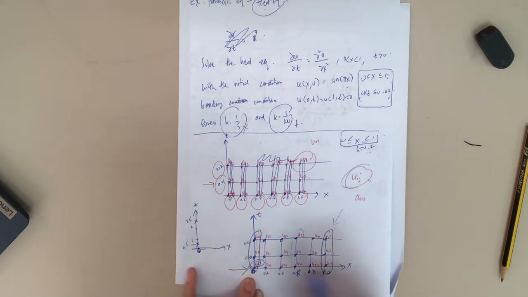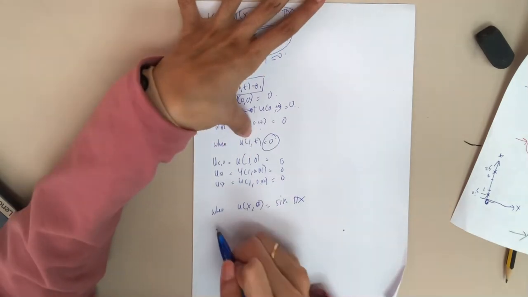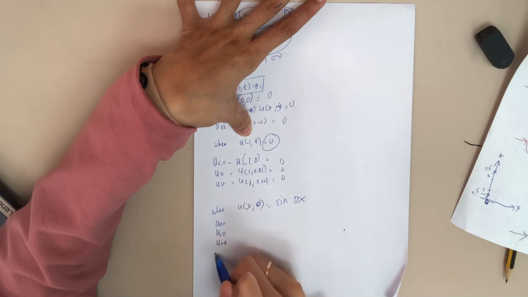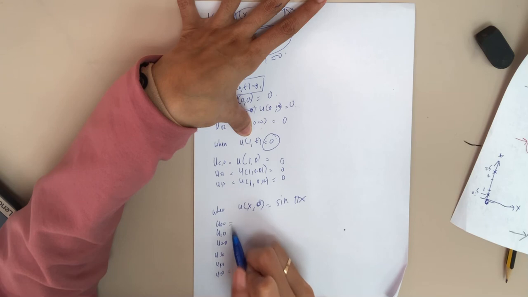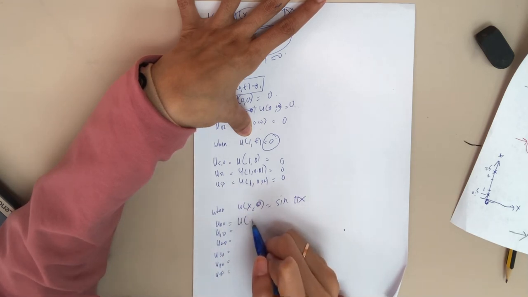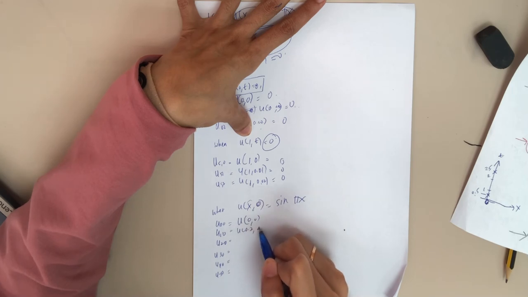So, for T0 means that you will calculate for U00, U10, U20, U30, U40 and U50. Okay, so you do the same thing. So X yang akan bertambah is 0, and then it will be 0.2.